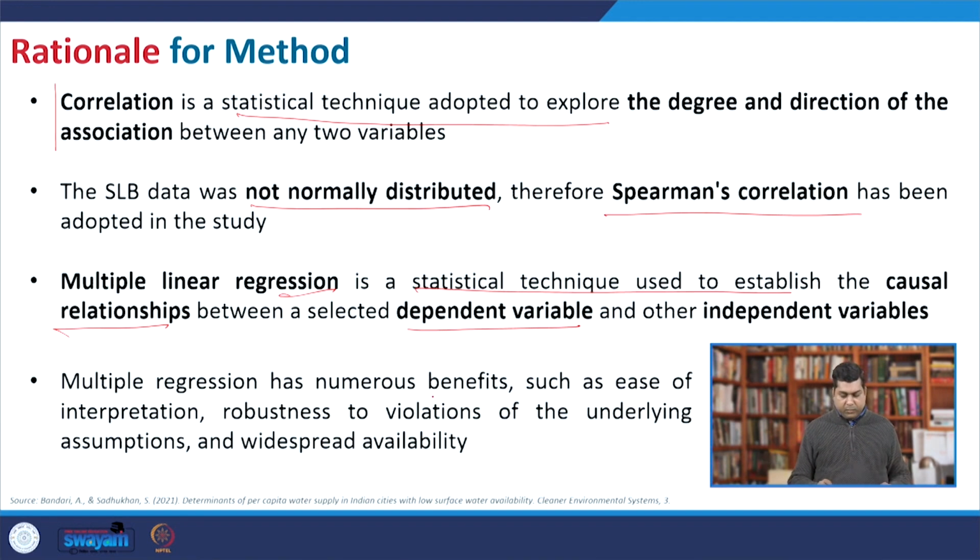Multiple regression has numerous benefits such as ease of interpretation and robustness, and there are also some underlying assumptions. Whenever you go for this, there are indicators, or measures of performance or goodness of fit of the model.